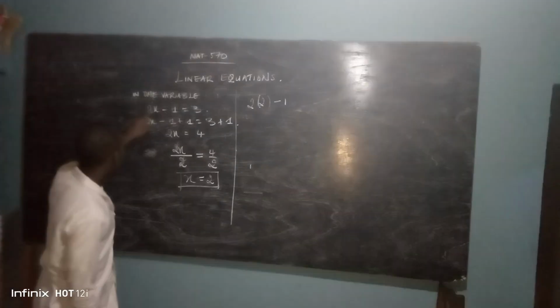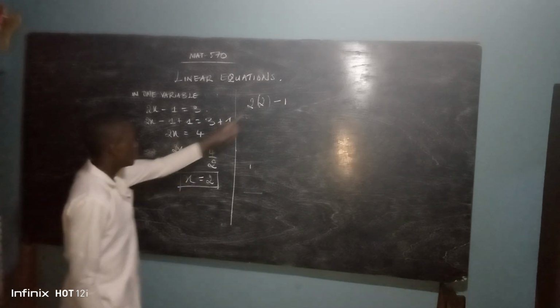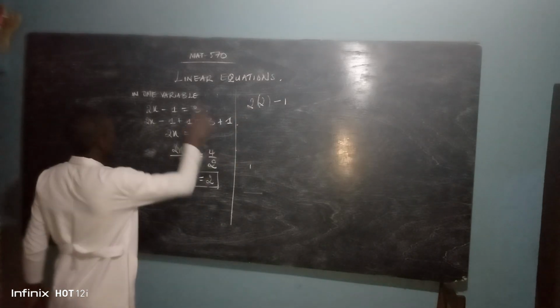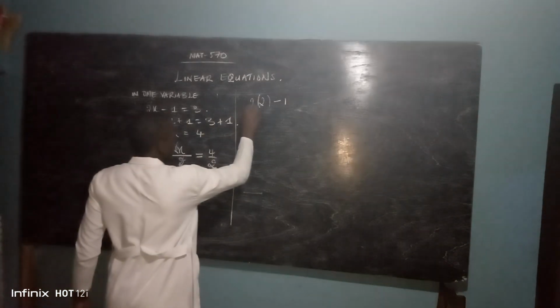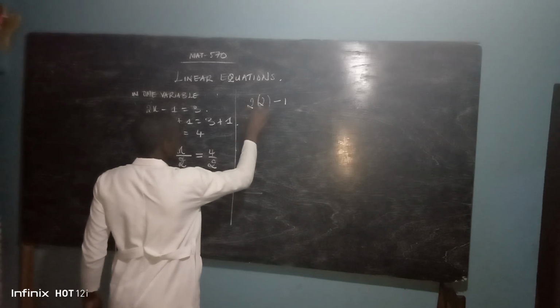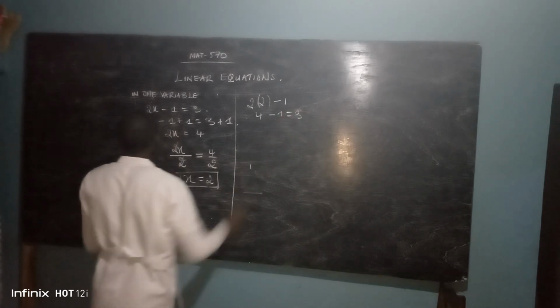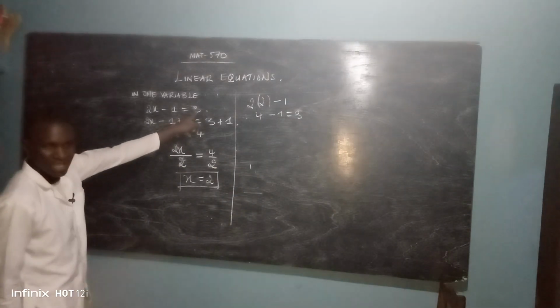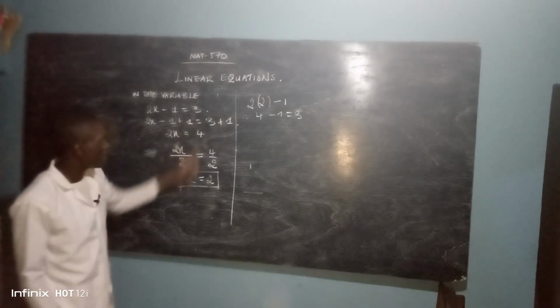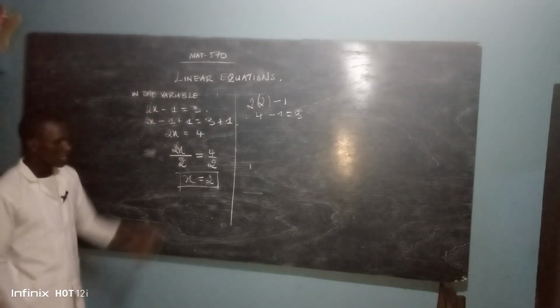This is 2 times x, so it's 2 times 2. Copy the value of x and put it here. Now, 2 times 2 gives 4, then minus 1 is 3. You see that it is equal to the right hand side. So this is the correct value of x that satisfies this equation.